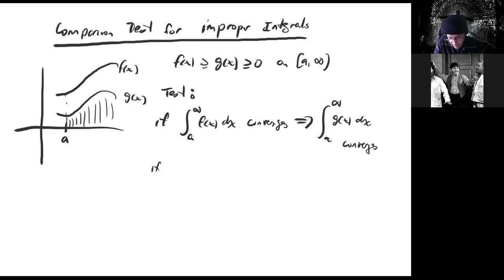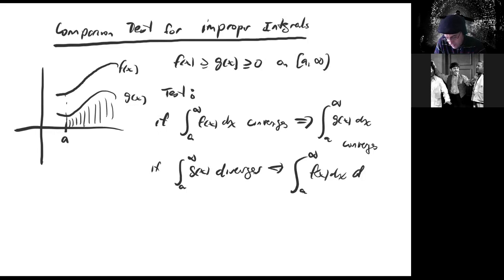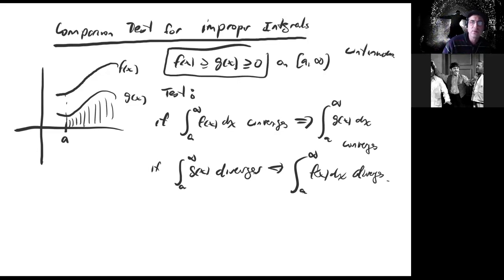If the integral from a to infinity of g of x diverges, you think of that roughly speaking as saying the area under g of x is not finite, then the integral under f of x shouldn't be finite either. So that would say the integral from a to infinity of f of x dx diverges as well. So that's the comparison test, and this is the way to remember it in terms of area. So this is the key condition, and these should also be continuous on their domains. Okay, so that's the statement.